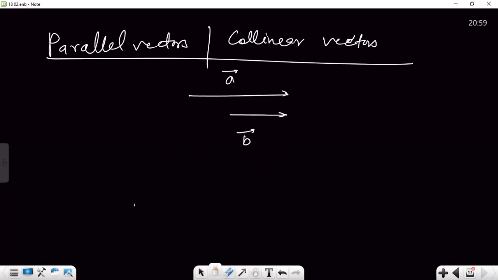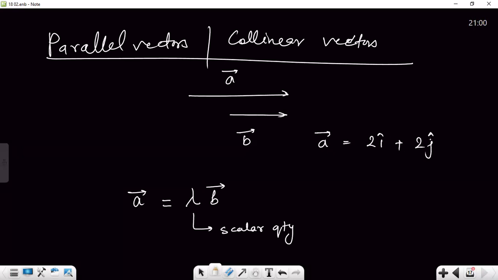And the property is that one vector can be represented as a multiple of another vector, and this is a scalar. Let me write, A vector is say 2i cap plus 2j cap.